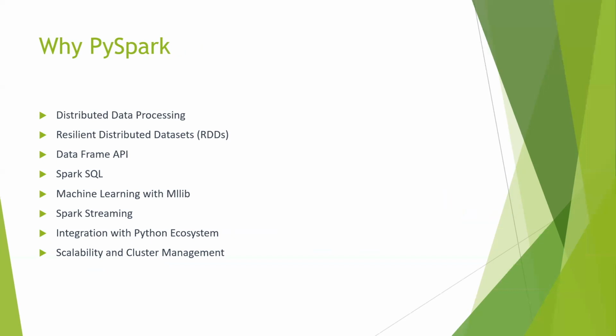We can call them key features or advantages. The few key points are: distributed data processing, resilient distributed datasets, commonly called RDDs, DataFrame API, Spark SQL, machine learning with MLlib, Spark Streaming, integration with the Python ecosystem, scalability, and cluster management. These are some key points of PySpark. I will briefly discuss these key points in the next slides.